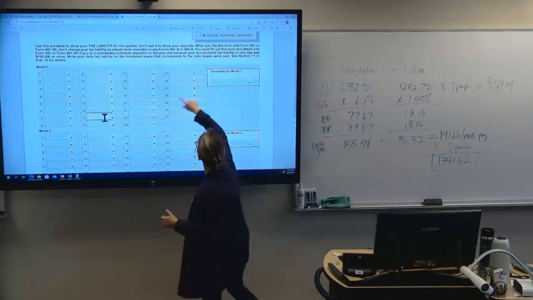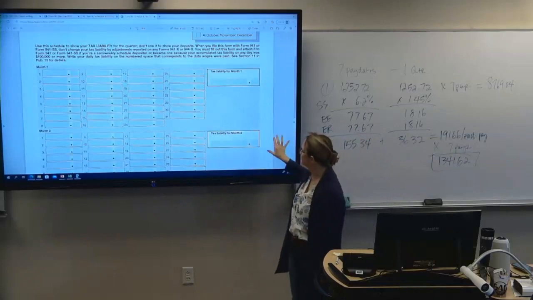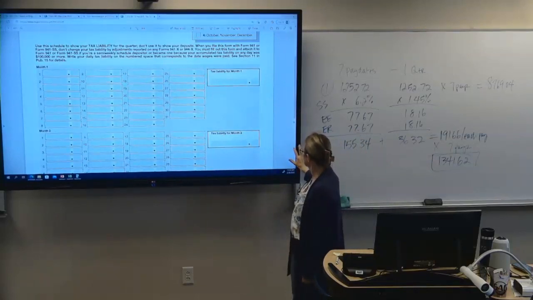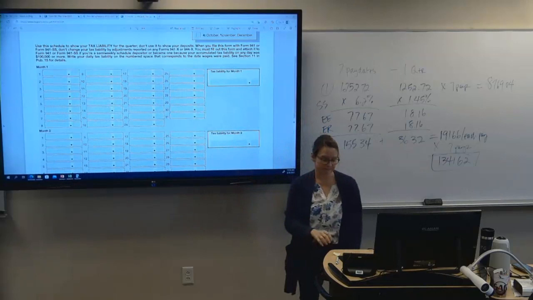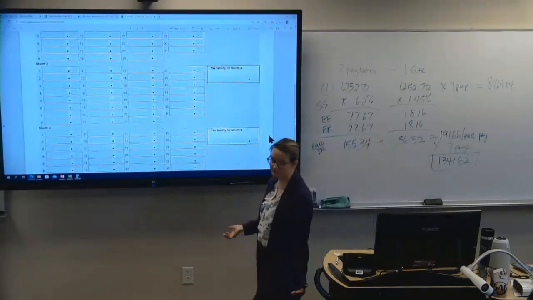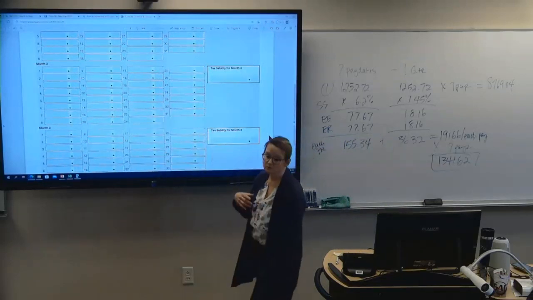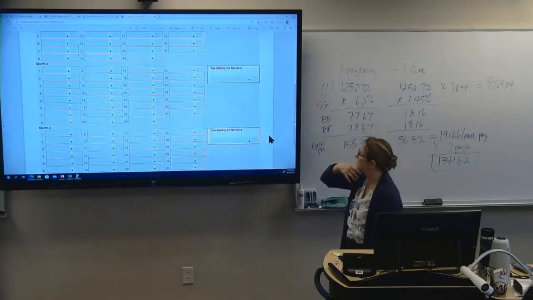All of these are then totaled and entered here for month 1. Same thing for month 2. So in this case, if it's February, obviously we've only got 28 days in February, so we're not going to use 29, 30, or 31.